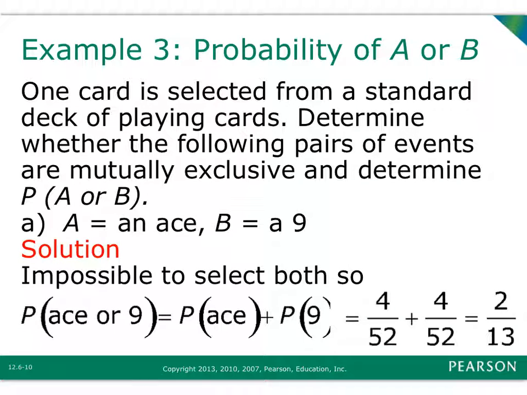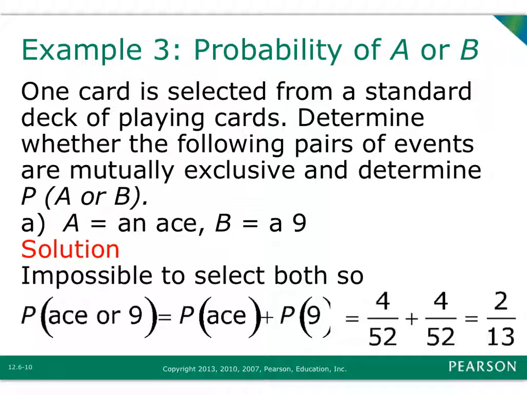So here's our example. One card is selected from a standard deck of playing cards. Determine whether the following pairs of events are mutually exclusive and determine the probability of A or B. A is equal to an ace and B is equal to a 9. If we're drawing one card out of the deck, it's impossible to get an ace and a 9 at the same time.